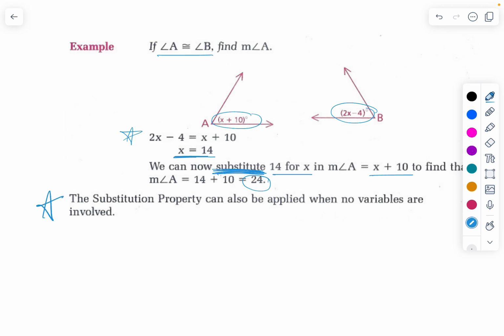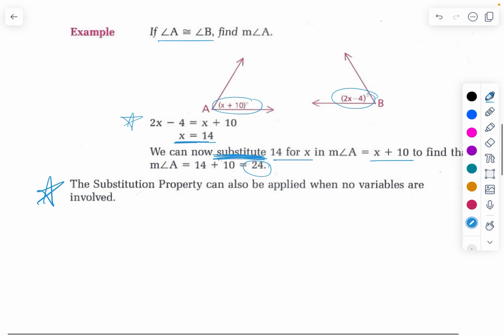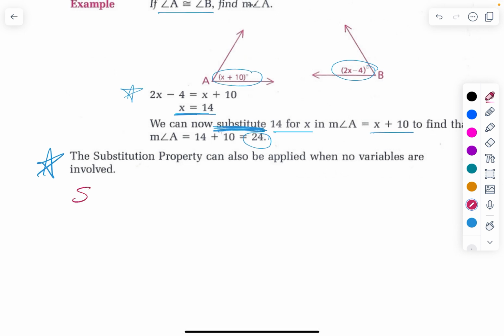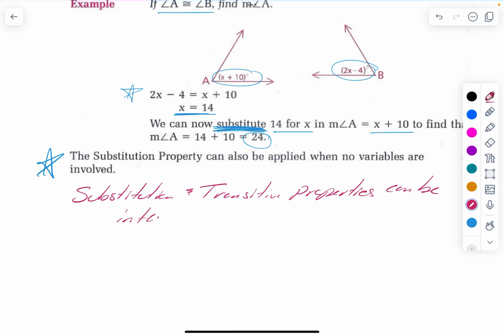So the substitution, like I said, we can use substitution in place of transitive as well. But let's just say in general, substitution and transitive properties can be interchangeable at times.